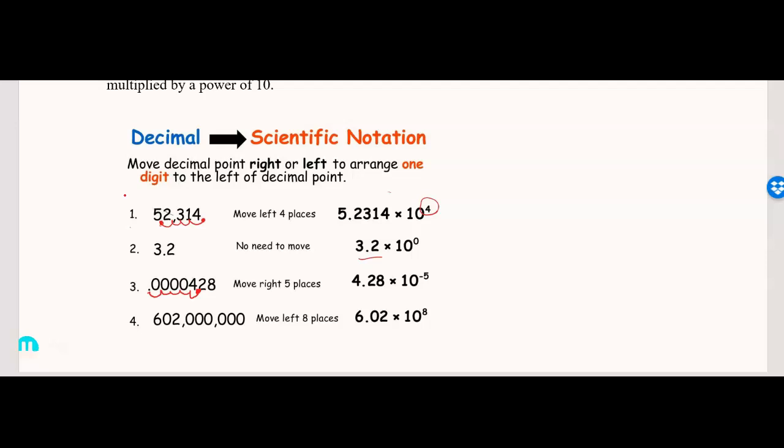I went 5 places to the left, and so to the left means I use a negative power. Essentially, the positive power lets us know we're moving to the right, and the negative will let me know we're moving to the left. Typically, when I see a negative exponent for scientific notation, I know that the number we're looking at is a small or very small number.